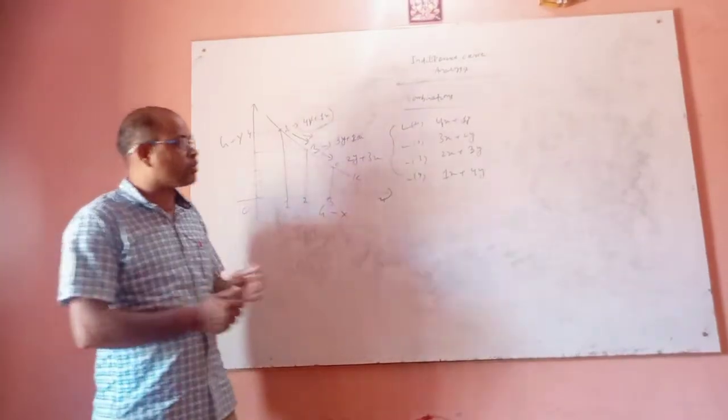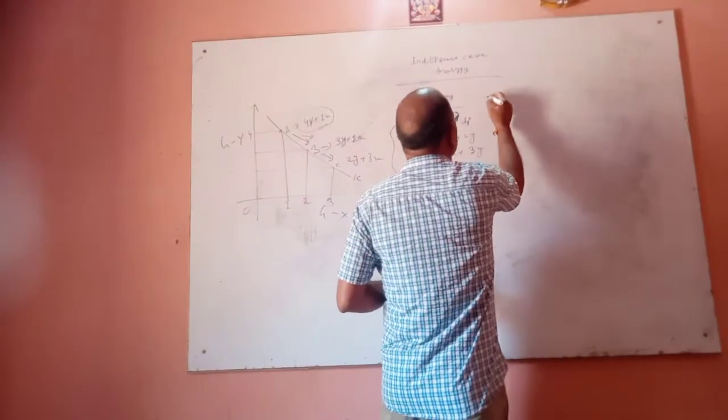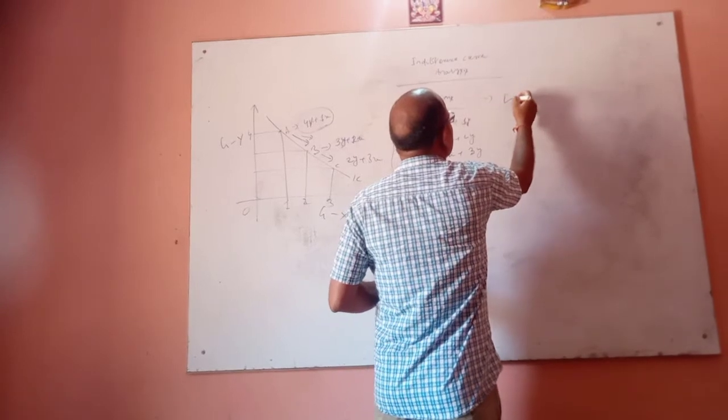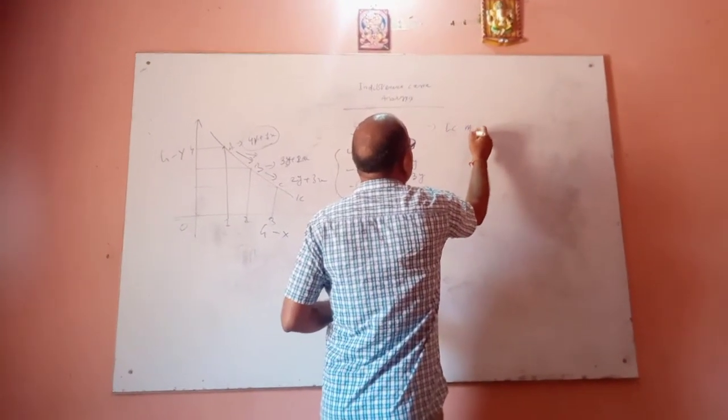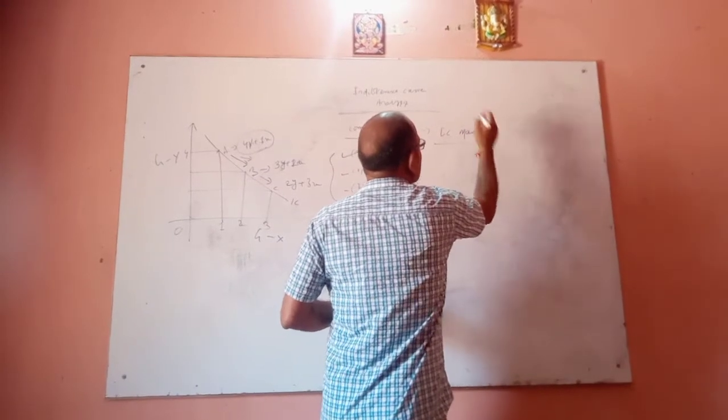So another point we move toward in indifference curve analysis is known as the indifference curve map.